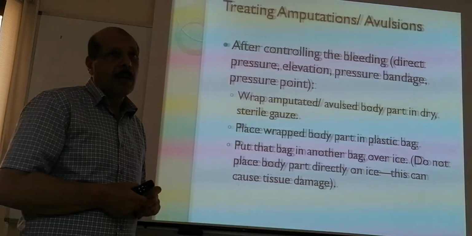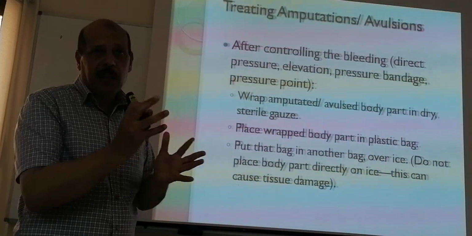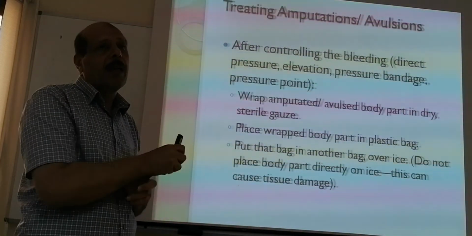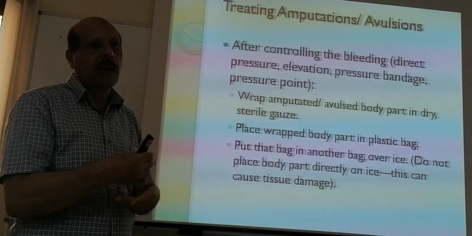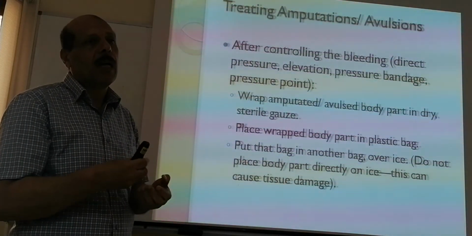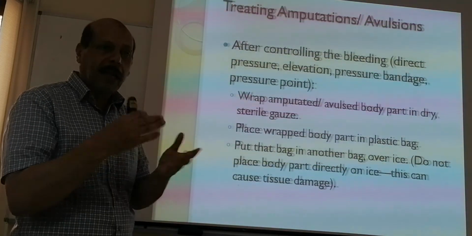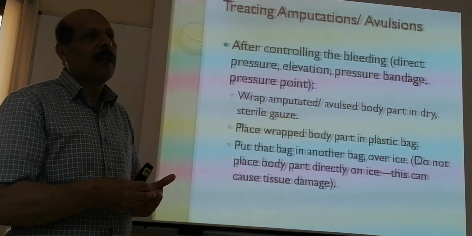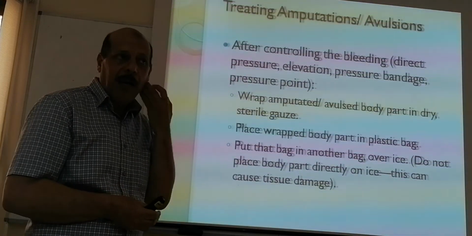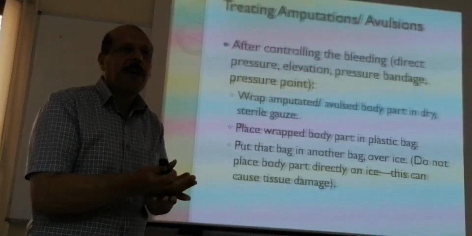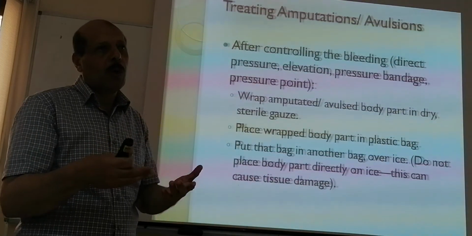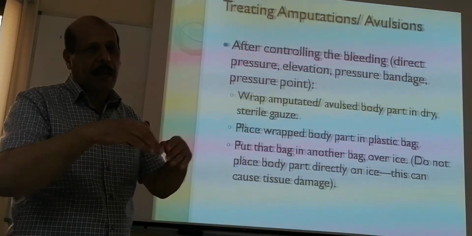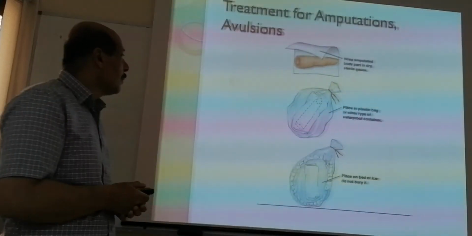So for the client, if bleeding is there, we have to control the bleeding. For the part, we have to wrap it with sterile gauze, or a sterile cloth, or at least a clean cloth that we have, and put it in a plastic bag, fix that plastic bag well and put ice over it.